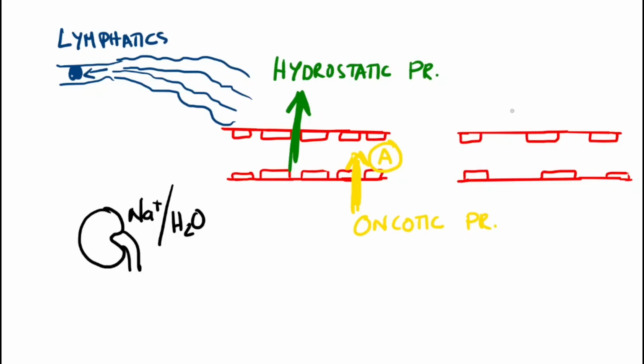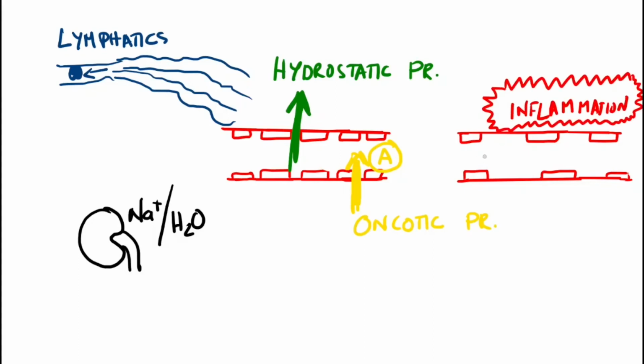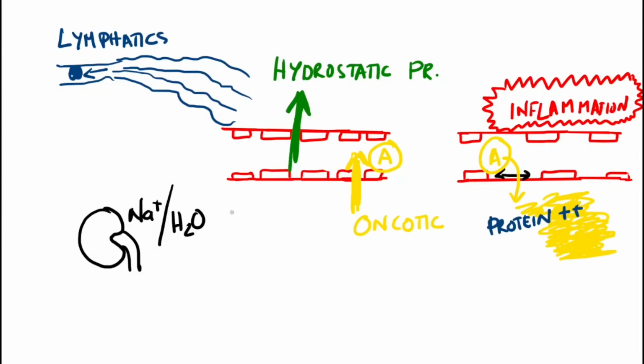Another cause of edema is inflammation. Here, the space between endothelial cells is increased due to endothelial activation. This promotes exit of albumin and other proteins into the tissues. This fluid is protein rich, while all other edema which we studied is protein poor.